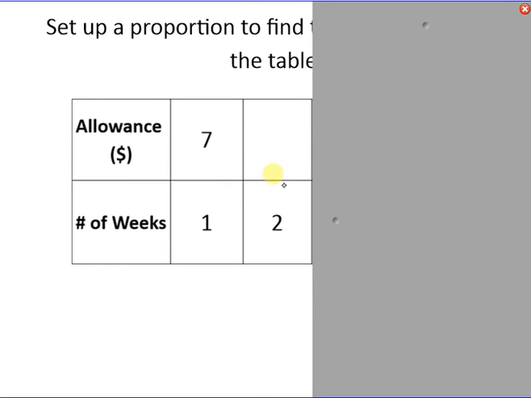So if you just were to look at it like this, could you find this missing box? Yes, because you have money over weeks equals money over weeks.